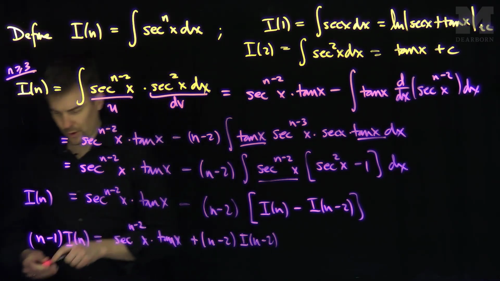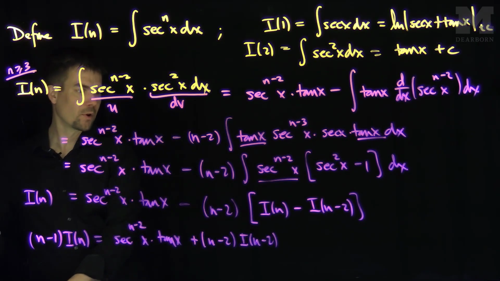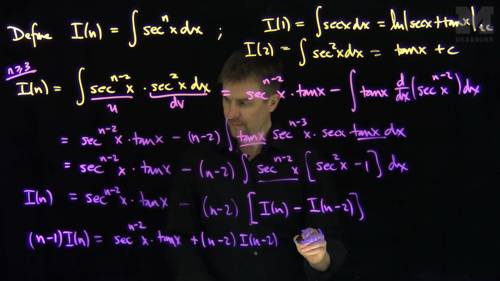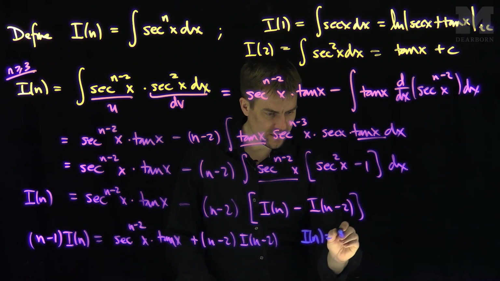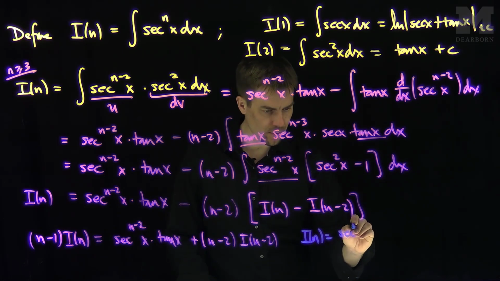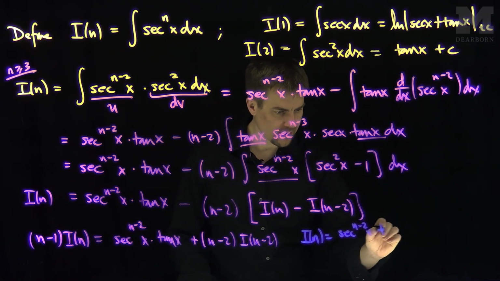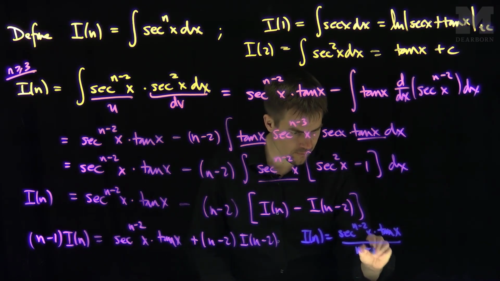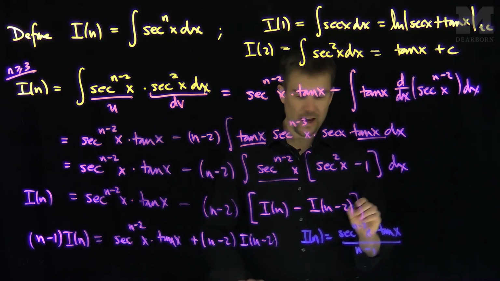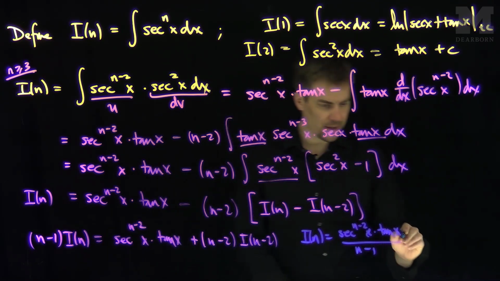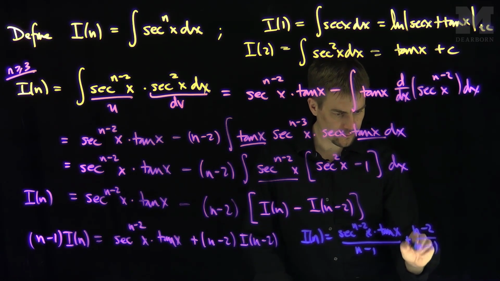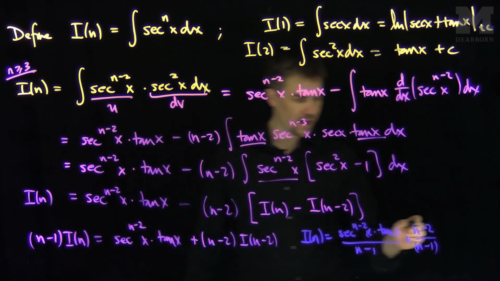And so now we arrive at our recursion relationship, which states that I_n is secant to the n minus 2 of x times tangent of x over n minus 1, plus n minus 2 over n minus 1 times I_{n-2}.